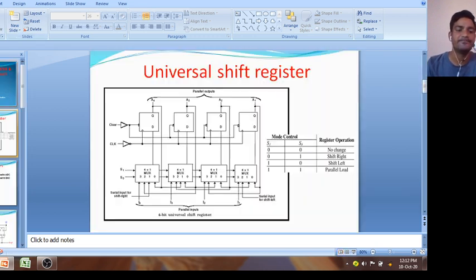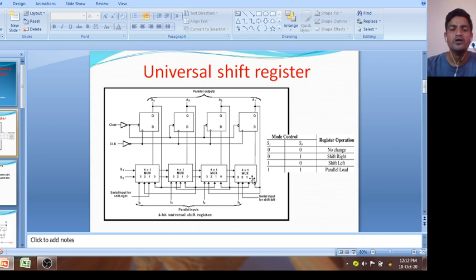Now come to universal shift register. This is your universal shift register. How will you remember this circuit? Now there are 4 multiplexers and there are 4 D flip flops. Okay, you know multiplexer. What is multiplexer? Multiplexer is many to one, means it has many inputs and only one output, and depending upon the number of select lines we decide the number of inputs.